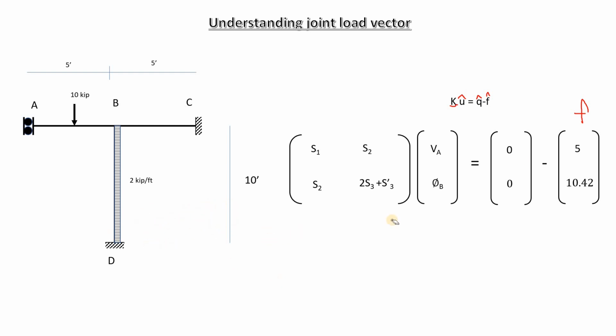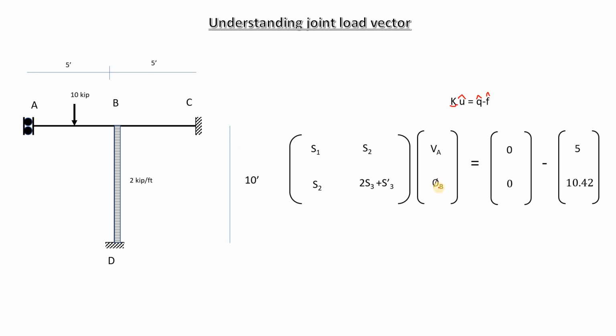Now, the thing we did not see in great extent is the Q, the joint load, because it's on the joints. In the problem that we had done by now, we did not have any loads on the joints. So we have two unknowns.